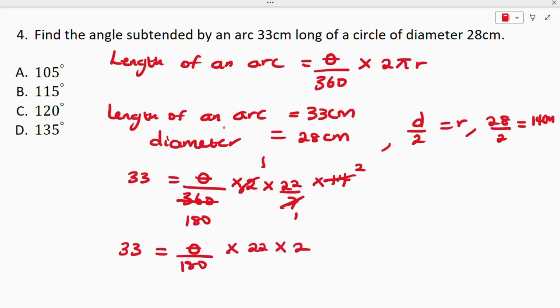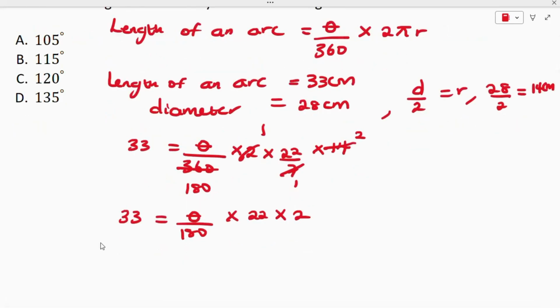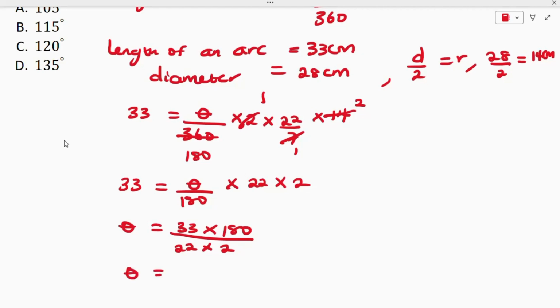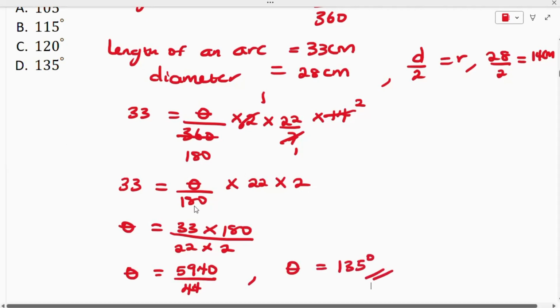So we have to look for the angle, and the angle is theta. So making theta the subject of the formula, this is equal to 33 times 180 divided by 22 times 2. Okay, so from here we have that theta is equal to 33 times 180, which is going to give us 5,940, divided by 22 times 2, which is going to give us 44, and once we divide this, theta is equal to 135 degrees, and this becomes the answer.